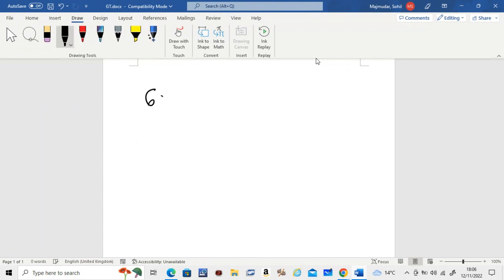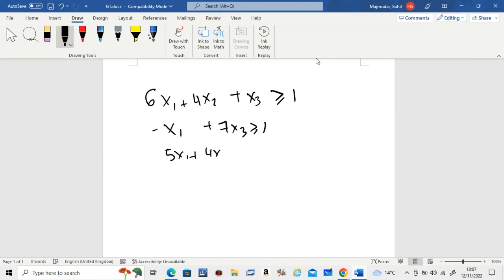It becomes 6x1 plus 4x2 plus x3 bigger than or equal to 1. Negative x1 plus 7x3 bigger than or equal to 1. 5x1 plus 4x2 plus 10x3 bigger than or equal to 1.